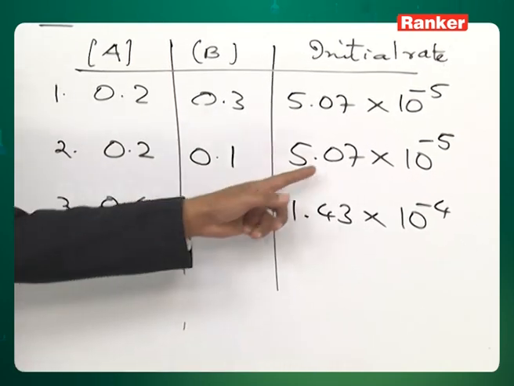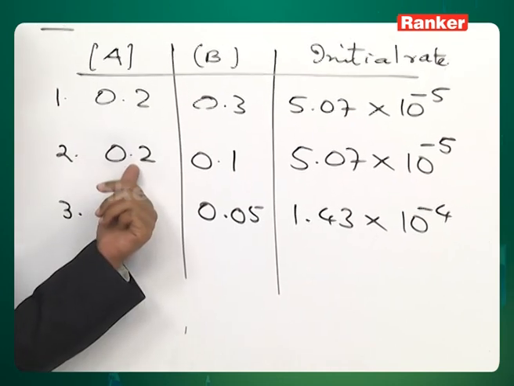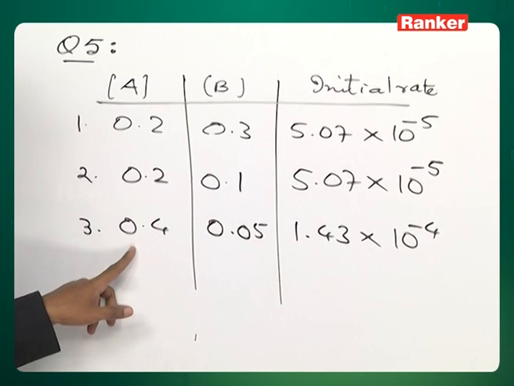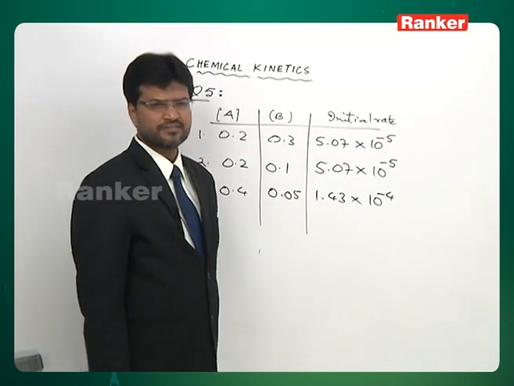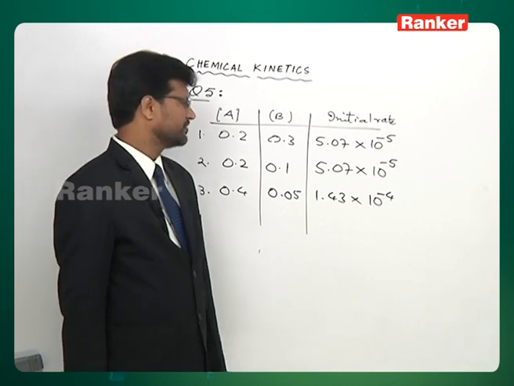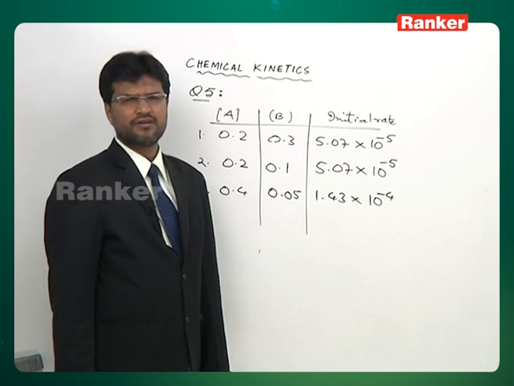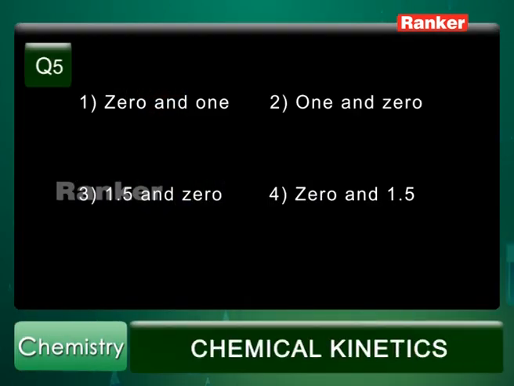So whatever change has taken place here can be attributed to this 0.2 becoming 0.4. So when you double the concentration, the rate has become 3 times. So you can say order of reaction with respect to A is 1.5, and order with respect to B is 0. So the correct answer is the third option.